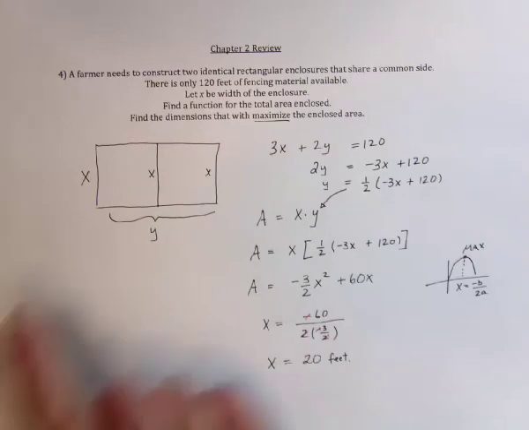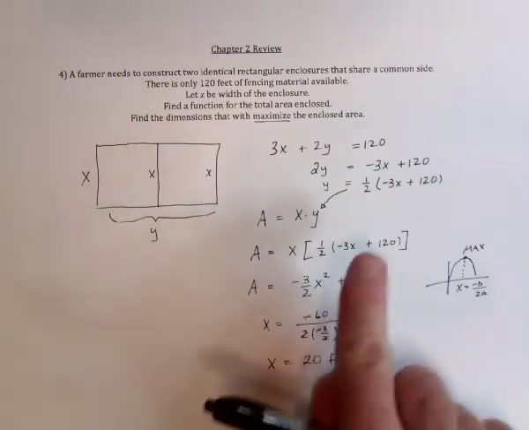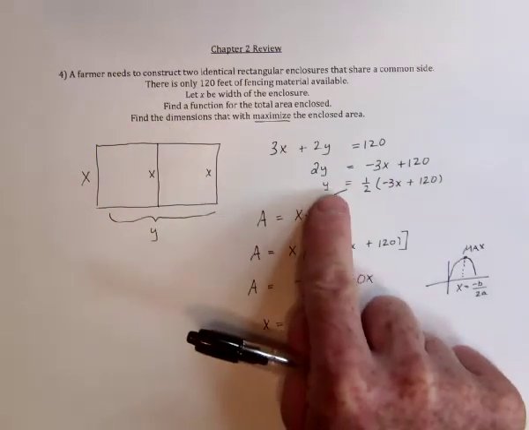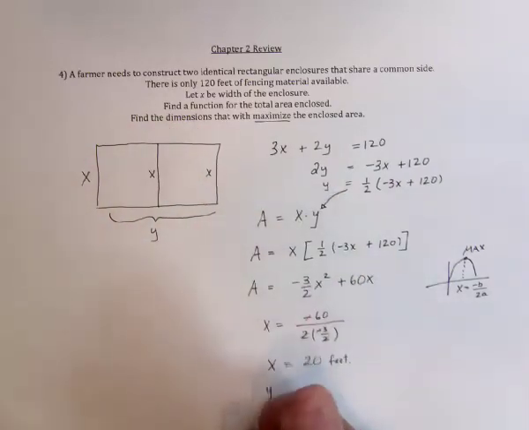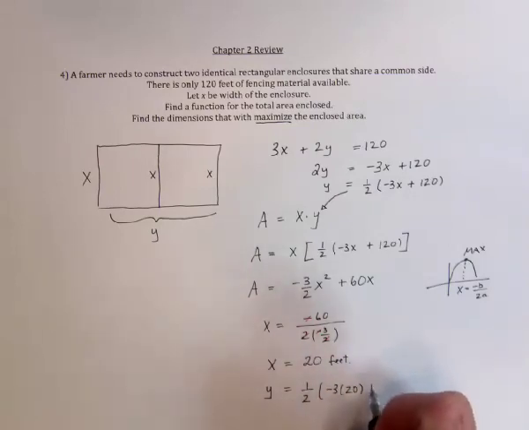Nearly done, but since it asks for the dimensions, I need to find the y value as well. And if I go back to this one, I've already solved for y, so I can use 20 for x in that expression. y is equal to a half of negative 3 times what we got for x, plus 120.